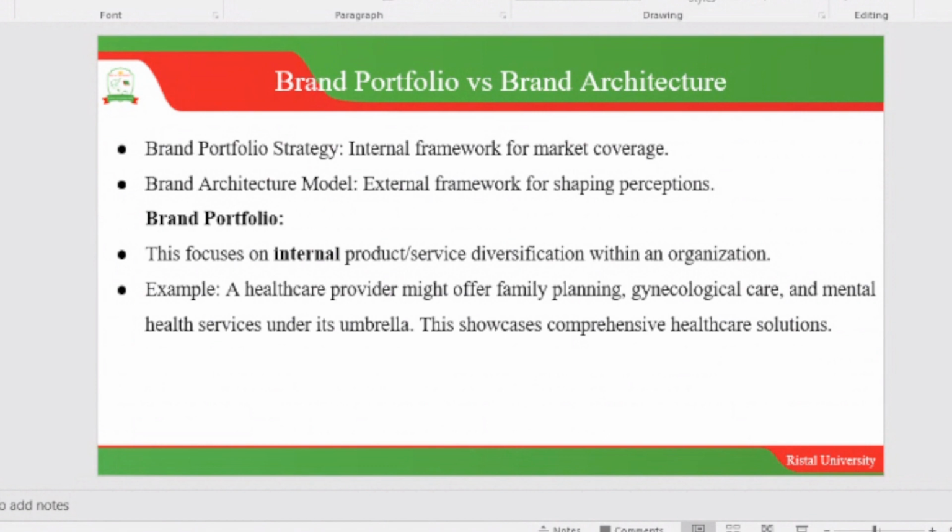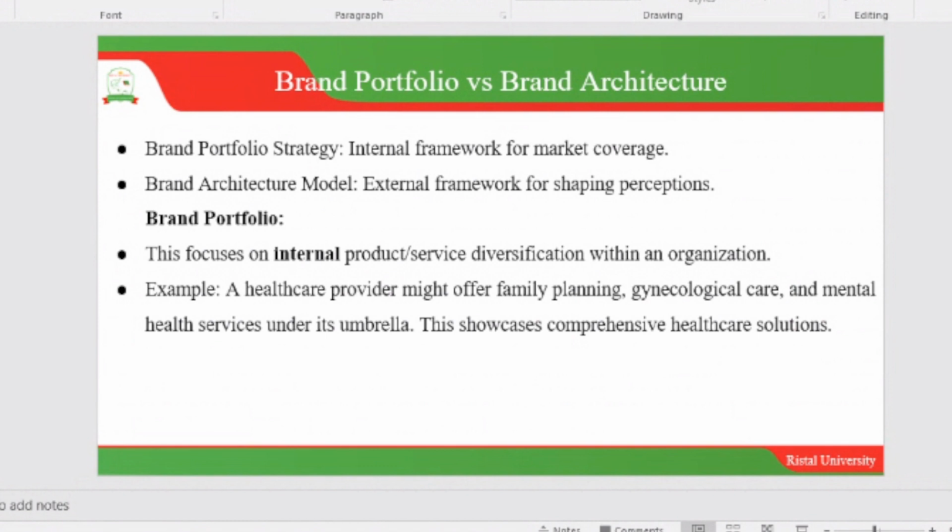So in that kind of portfolio internally, the person is having a petroleum or fuel station, but at the same time they are having a supermarket, and in that supermarket they are offering all the services that someone would need to take care of their family.